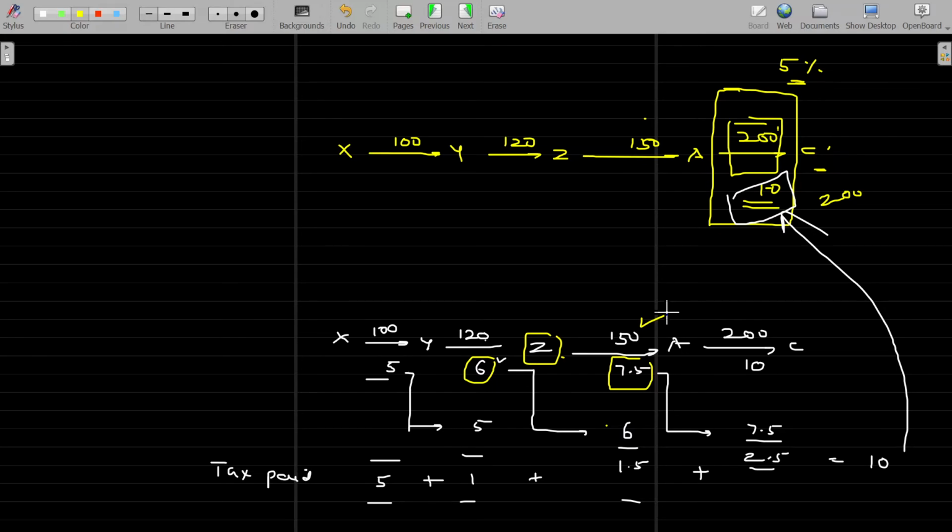If I plan to go for tax evasion, I cannot get my 6 rupees back. If I am not able to get the money back, then what is my purchase price? 126. 120 for material plus the tax amount, if I am not able to get it back, then really I am paying 126. Am I a fool to pay 126 for the material? Purchasing for 126 is not meaningful at all. Rather than that, I have to always go with the taxing.